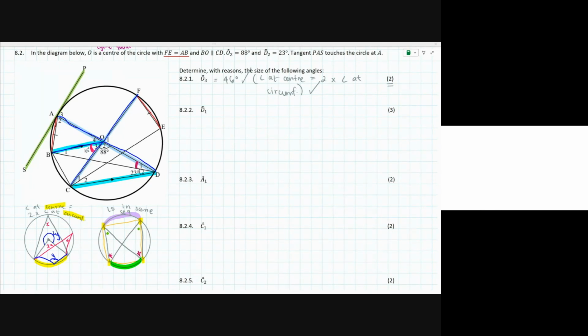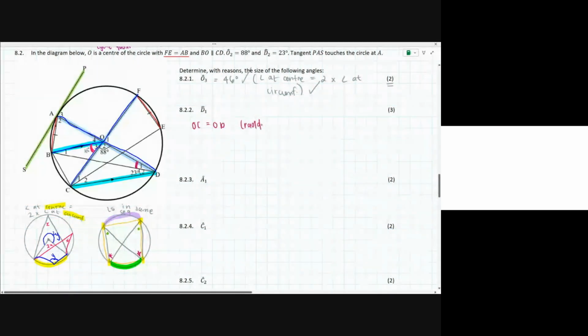So we know that OC is equal to OD because they are both radii. So that is equal to that radii, which means that, exactly as Mtlati said, OCD is equal to ODC. Angles opposite equal sides.